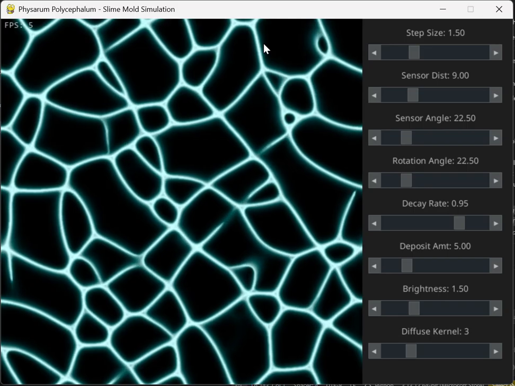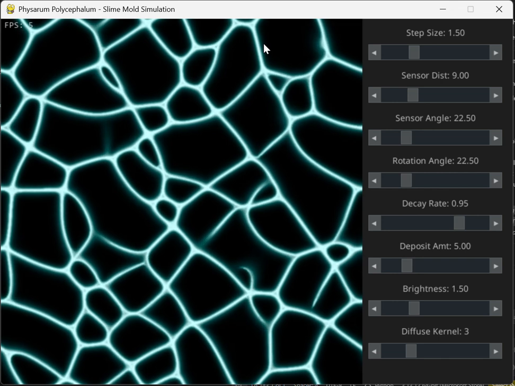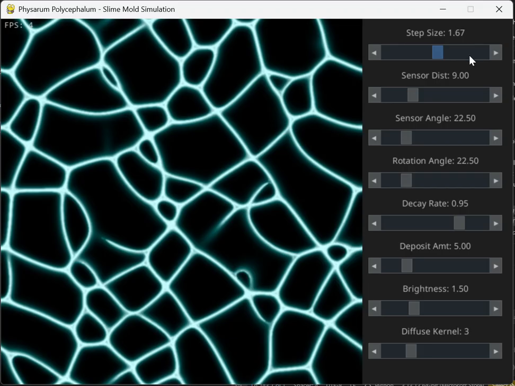Now I will show you each parameter and how it changes the patterns immediately. First is the step size. This controls how far the agent will move per frame.